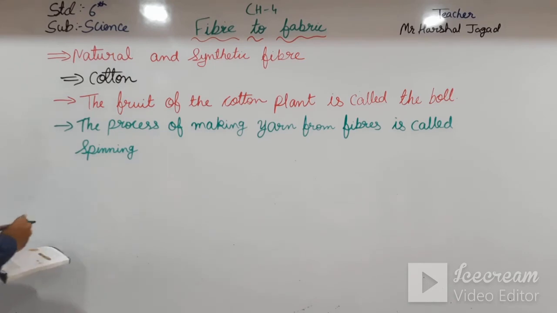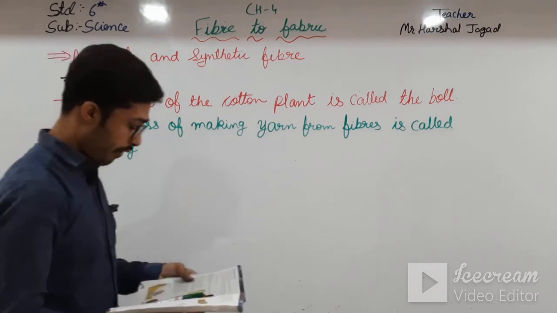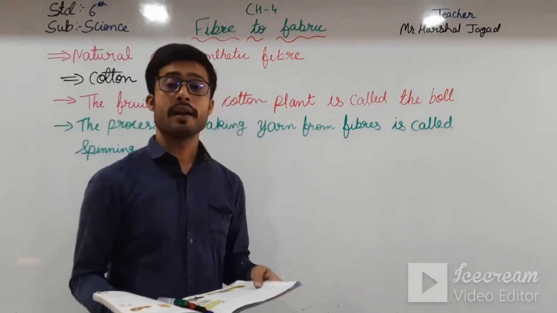Okay students, the process of making yarn is called spinning. Yarn is then made into cotton fabrics by weaving or knitting.